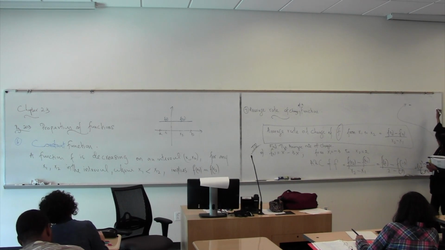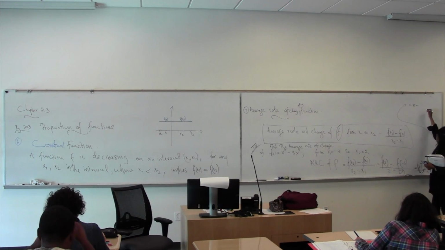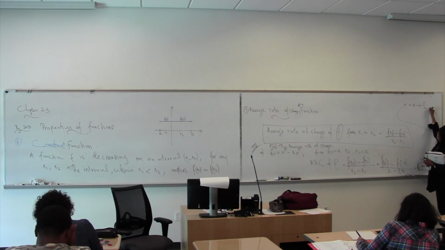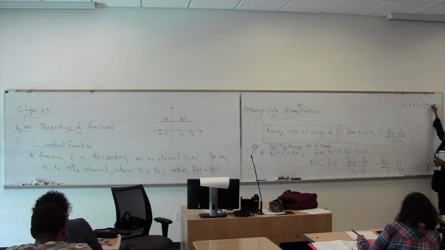Average rate of function is equal to 8 minus 6, subtract inside the parentheses, negative 27, we know how to evaluate that, over 5.